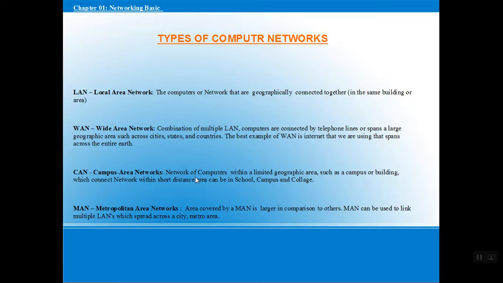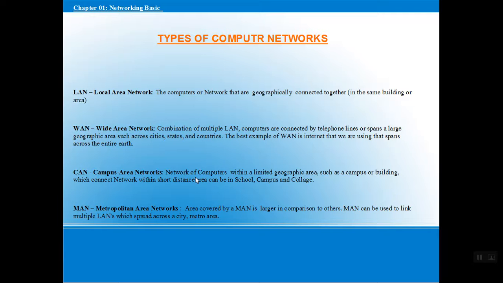And we have a CAN, that is a campus area network. Let's take an example: if the person with whom we want to share information is not in our office or building, or is in another city, we can use a medium to connect with him, such as the office boy, or we can go with our external vehicles.